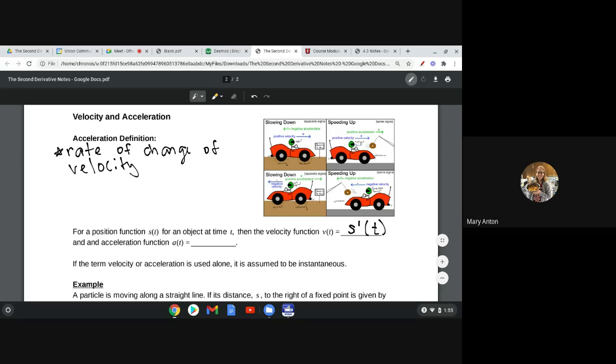And your acceleration function, how does that relate to your s of t function? It's the second derivative of your position function, which is also equal to the derivative of the velocity function as well.